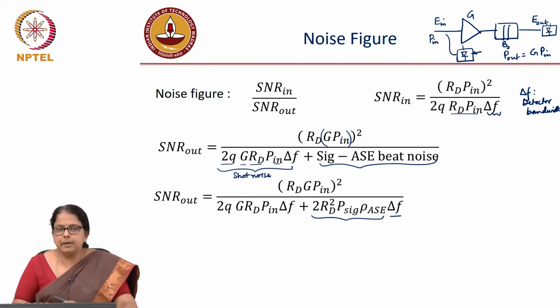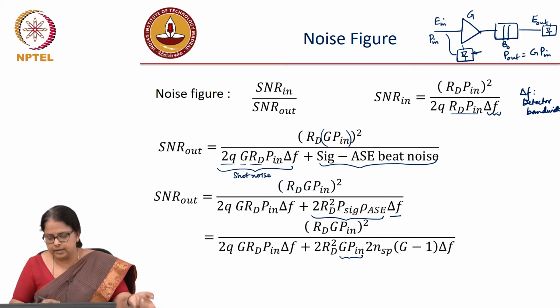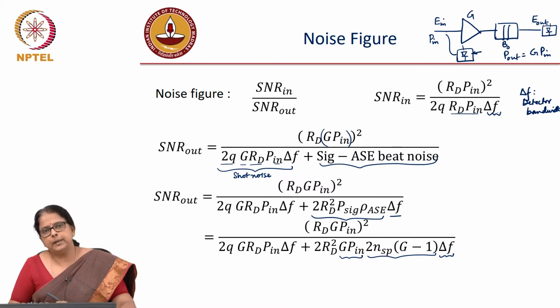Now what is the signal power falling on the receiver? The signal power falling on the receiver is just G times P in. And what is rho ASE? Rho ASE is 2 NSP times G minus 1. This we had just adapted without derivation. So this is the power spectral density of ASE multiplied by delta F. Why are we not considering optical bandwidth here?